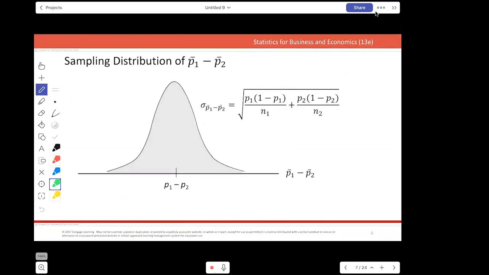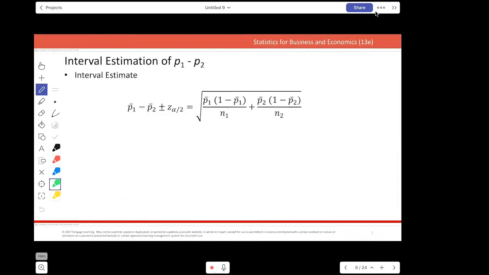So we have our sampling distribution of P bar 1 minus P bar 2, which is a normal distribution. And so here is the interval estimate I just showed you early on. Our point estimate, which is here, our critical value, and that equal sign should not be there.